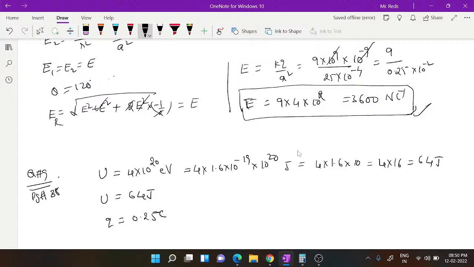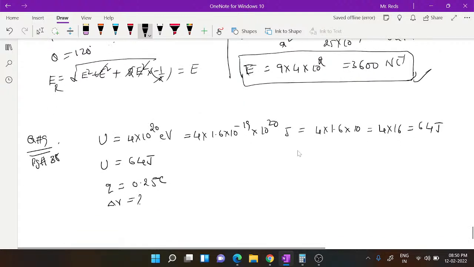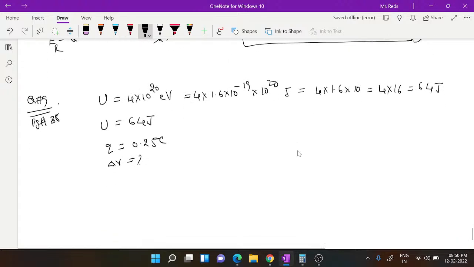Between 2 points, the potential difference between those 2 points is delta V. That is the question. So if there is a point B and a point A, and you want to move a charge Q from here to here, which have potentials VA and VB, you need to do work.